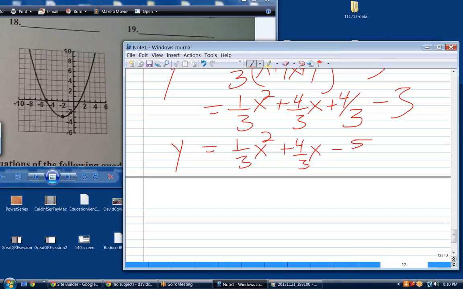Now, is it okay to have fractions like this? I think it is, in some cases. If they say standard format, you would want to maybe get rid of the fraction. Well, here's the problem: it's not the same function if I multiply both sides by 3.